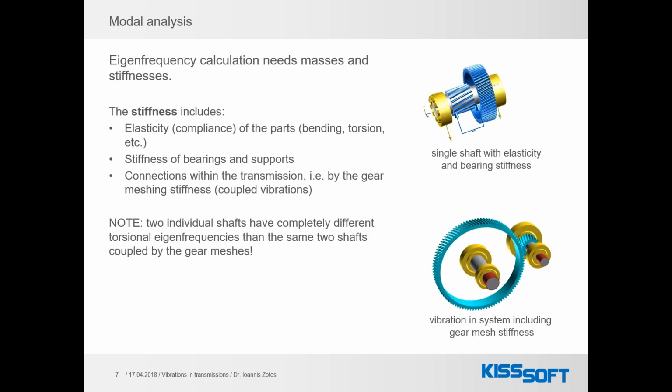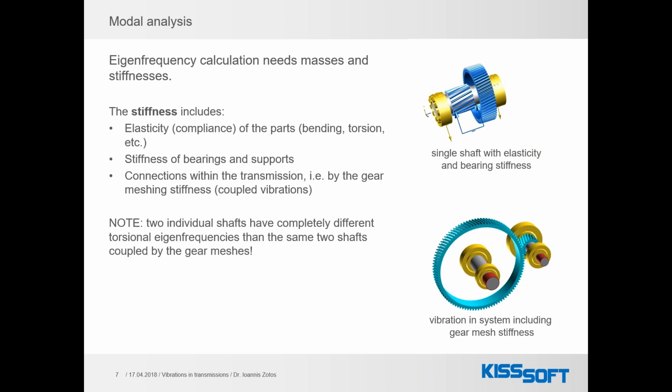Going one step further to modal analysis, just to describe a bit more what is included in there. As I said, mass and stiffness are needed. What is mass in a gearbox analysis? It's clear. It's the mass of all components. What is stiffness is something that's a bit trickier most of the time.